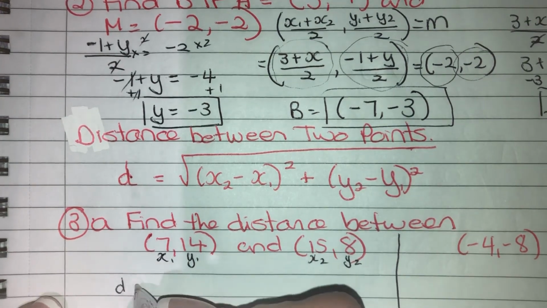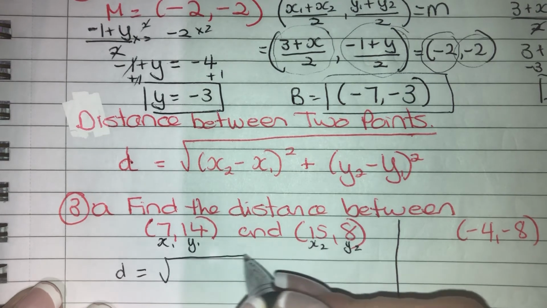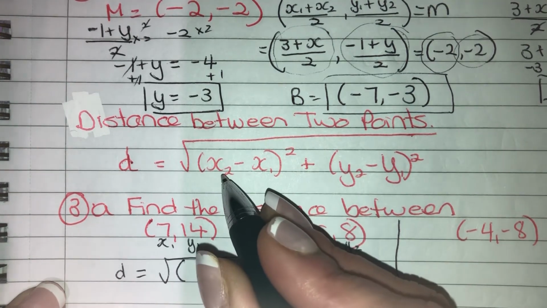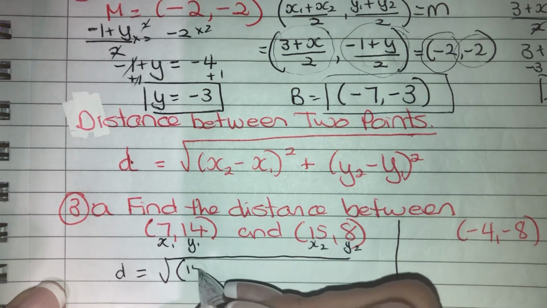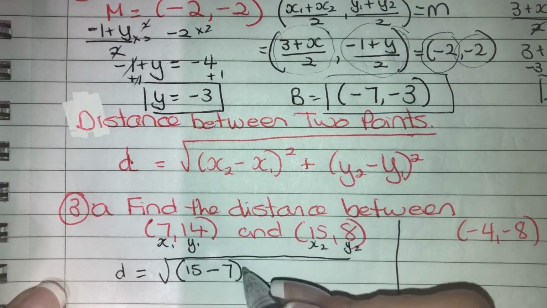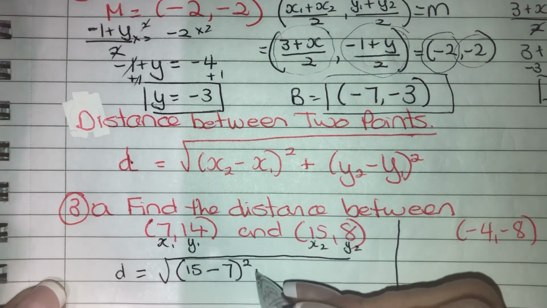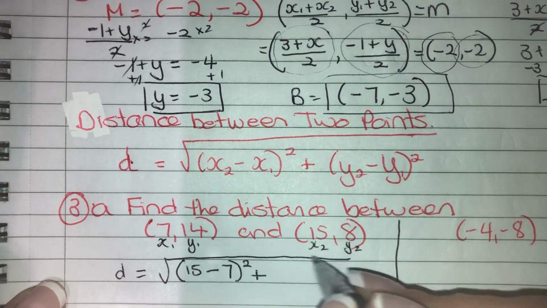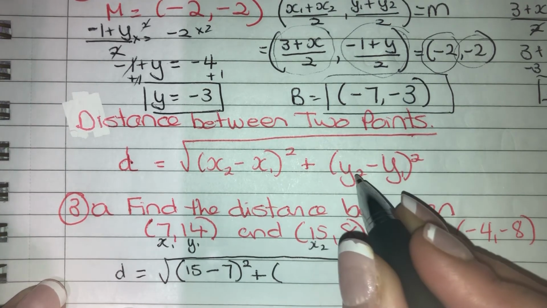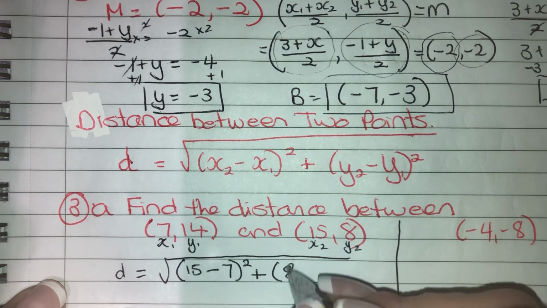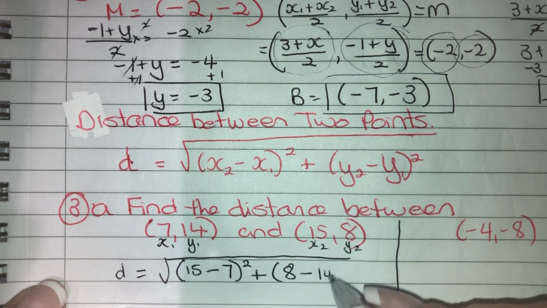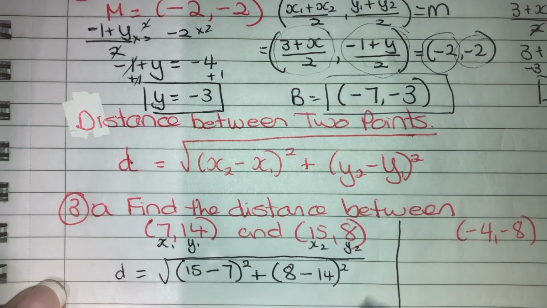Let's put it into our big formula, so a really big square root sign. We're going to go x2, which is 15, subtract x1, which is 7, and I'm going to square that, plus brackets up here, y2, so 8, minus y1 is 14, and square that.